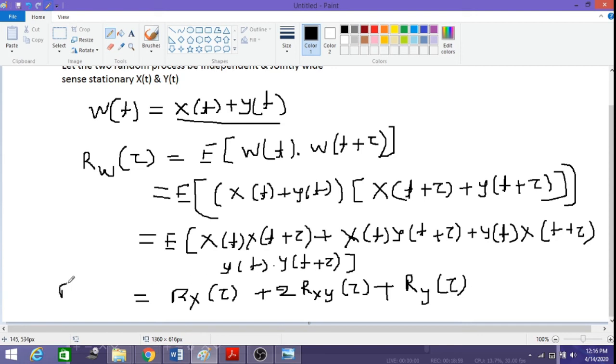So in terms of autocorrelation function, if we add the two random processes, x of t and y of t, that will result in the sum of the autocorrelation of x with the autocorrelation function of y, with twice the cross correlation function of x and y. So that is the definition of it.